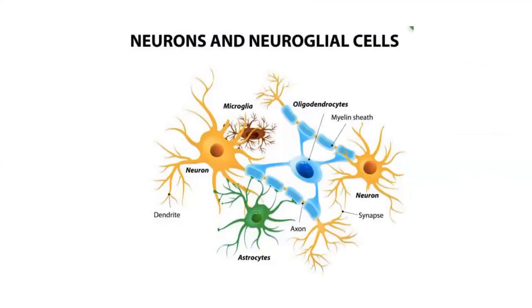From this diagram, you can understand that these are dendrites, and these are axon terminals, and this is the synapse. The axon terminals of one neuron and the dendrites of another neuron constitute a synapse.